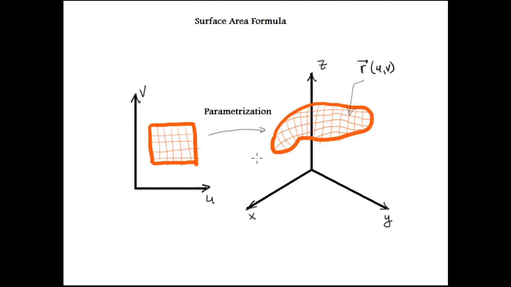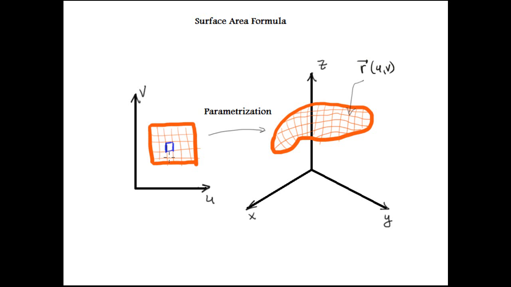Okay, now our goal is to determine the formula for the surface area. We have here a surface expressed as a vector valued function using two parameters, u and v. This is the parameterization domain. Now, if you want to find the surface area, you take here one elementary, infinitesimal area.